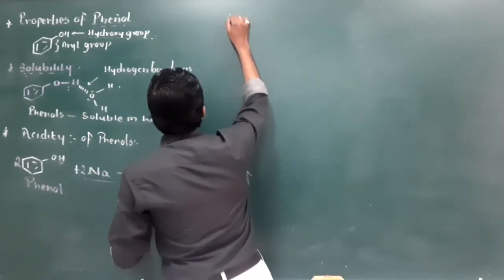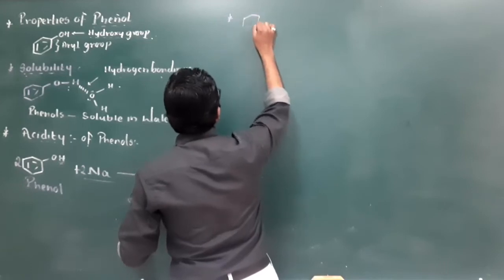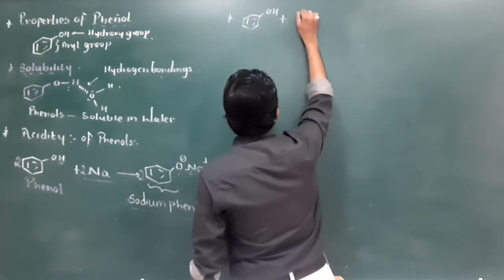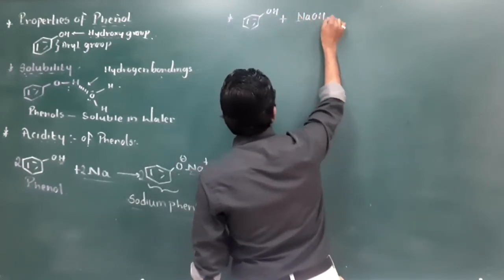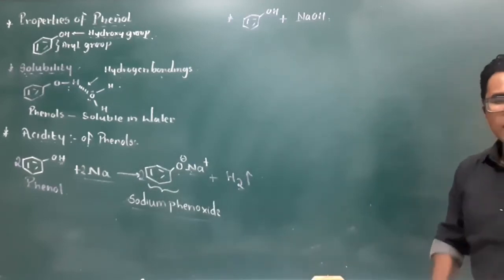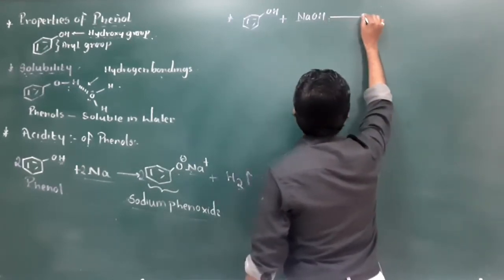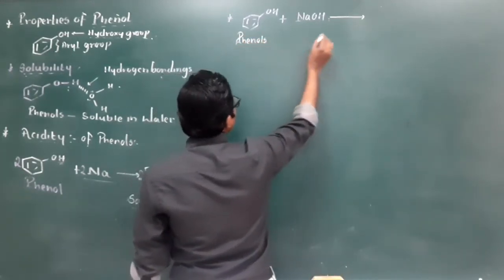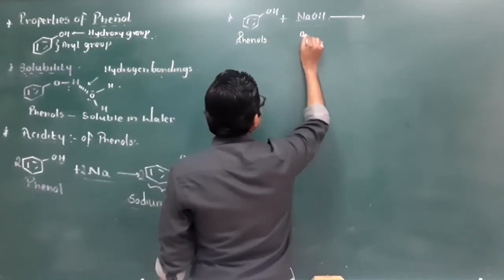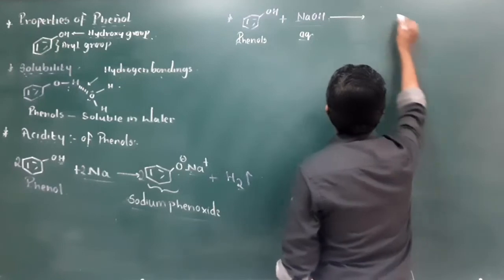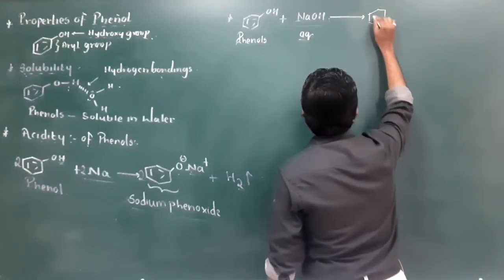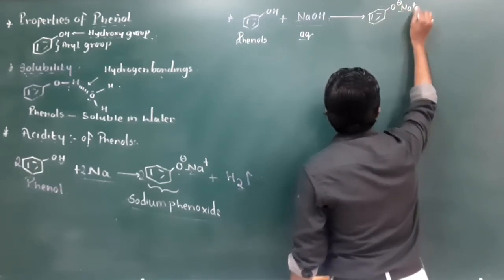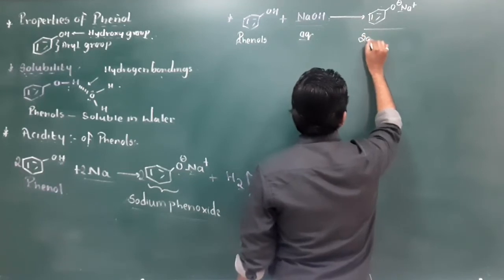The second reaction is of these phenols with aqueous solutions of alkalis such as sodium hydroxide. Again, we are going to get the same product over here. That is, when the phenols react with aqueous solutions of sodium hydroxide, sodium phenoxide is obtained, O minus Na plus.